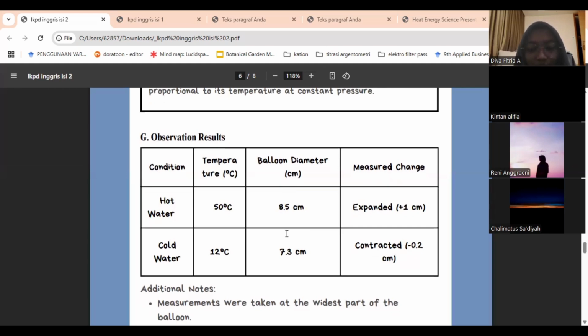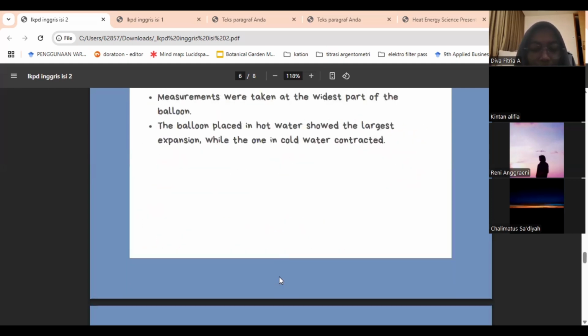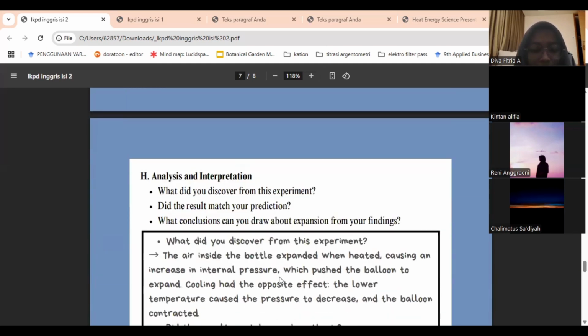And then condition when cold water, temperature 12 Celsius, balloon diameter is 7.3 centimeter, and then measured change is contracted minus 0.2 centimeters. The next, my friend, you can please. Thank you.